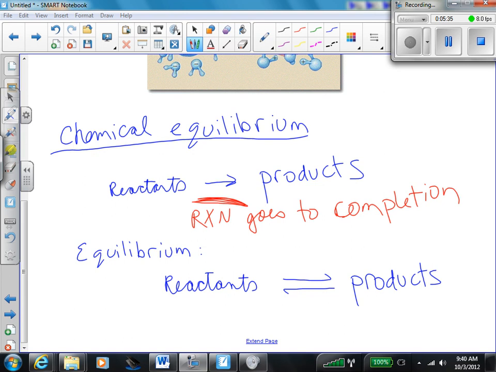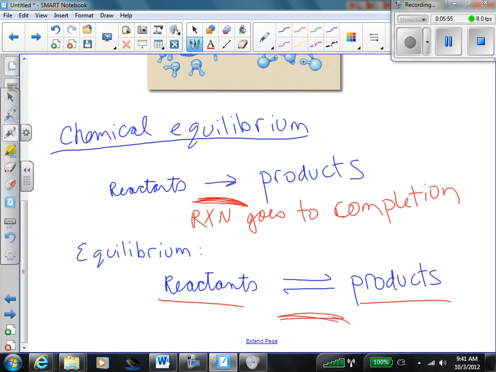Now we have a new concept of equilibrium. In an equilibrium reaction, the reactants do form products. However, the products can also form reactants. When we have a reaction that can go in the forward or reverse direction, we put two arrows, as you see right here.